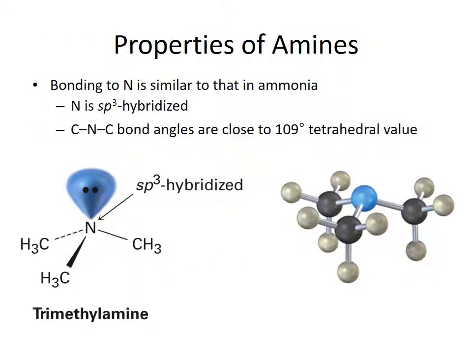Amines are bases because they have that non-bonding pair. That non-bonding pair is going to be held in an orbital, and you figure out what orbital it's held in by the hybridization of the nitrogen. This nitrogen here is an sp3 nitrogen, so the non-bonding pair is in an sp3 orbital.